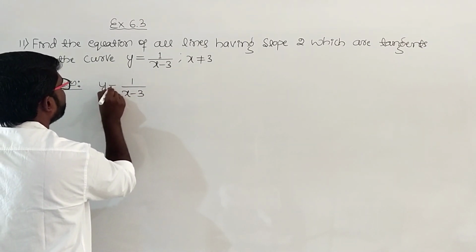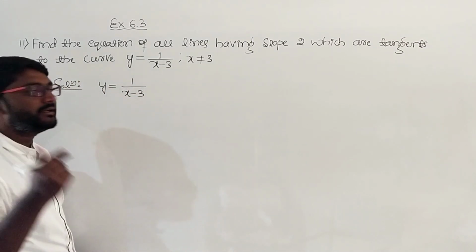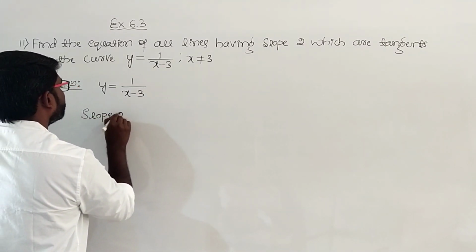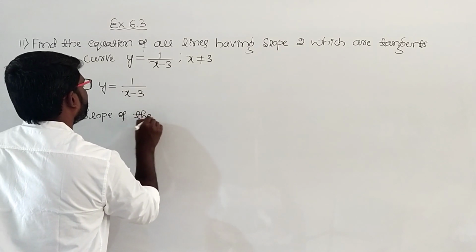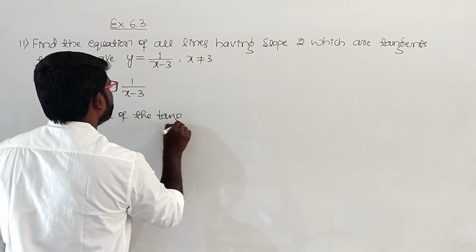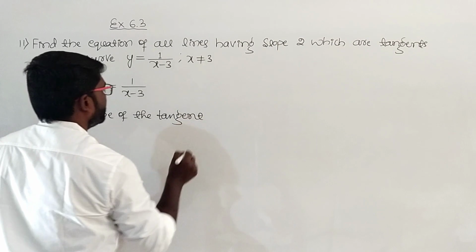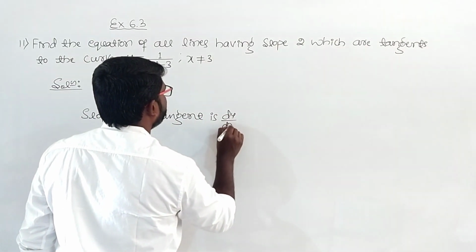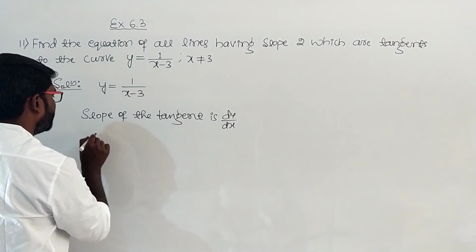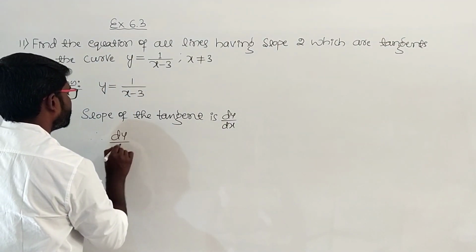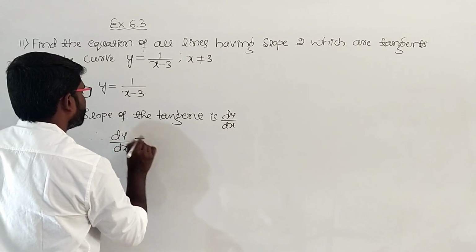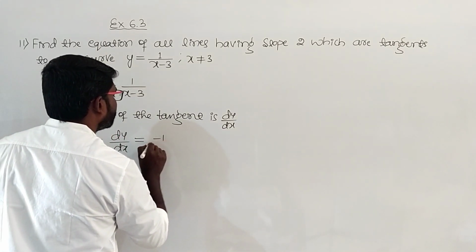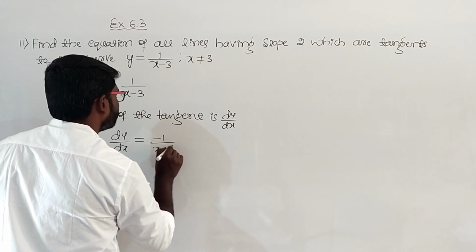Then the slope of the tangent is nothing but dy by dx. Therefore dy by dx equals, what is the derivative of 1 by x minus 3? It is minus 1 divided by x minus 3 the whole square.